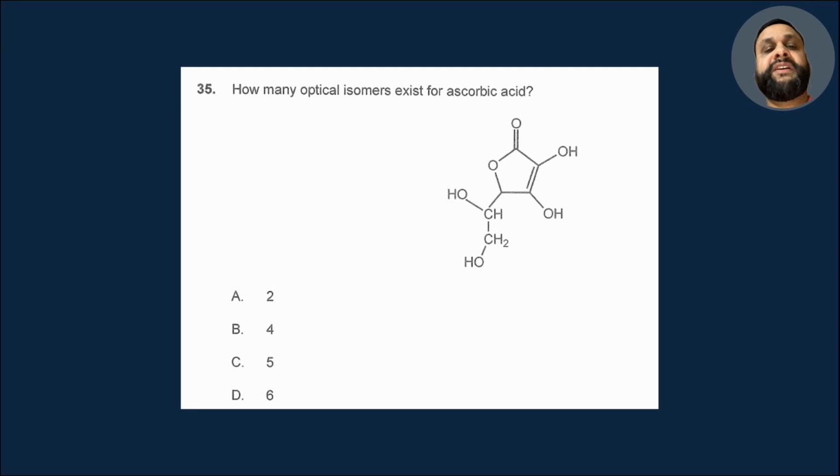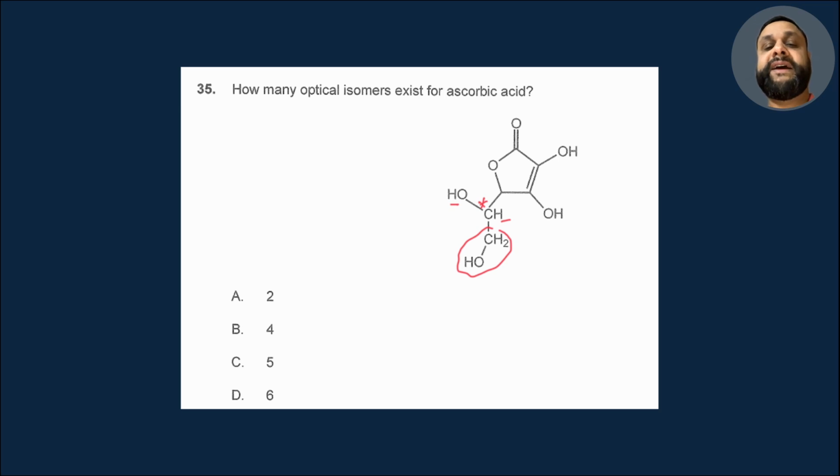Question 35. How many optical isomers exist for ascorbic acid? In order to answer this question, we need to work out how many chiral carbons there are. A chiral carbon is a carbon which is attached to 4 different groups. This carbon seems chiral because it's tied to OH on one side, hydrogen on the other side, and the whole of this group on the other side, 3 and then 4.